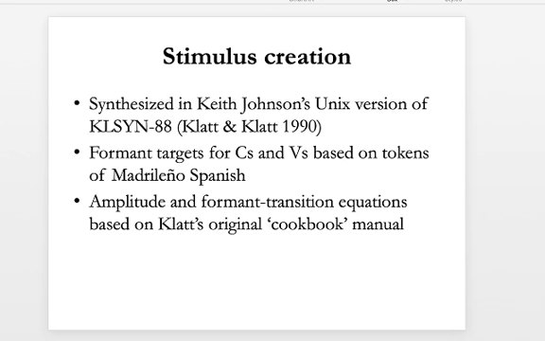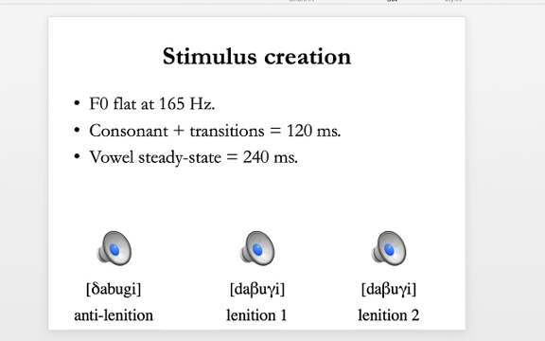The formant transitions from those targets to one another, and the amplitude of the stimuli as well, were based on Dennis Klatt's original Klatt cookbook manual for the synthesizer. We tried using more naturalistic Spanish values for those functions, and they did not come out sounding good, so we went back to the original Klatt instruction manual, and that worked better.